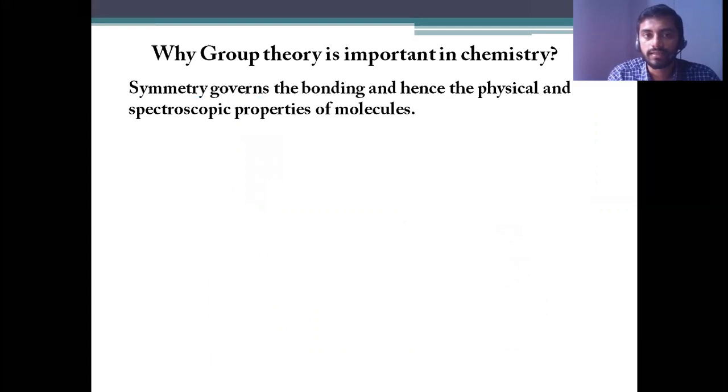And why is group theory so important in chemistry?